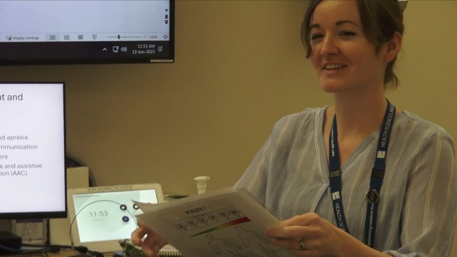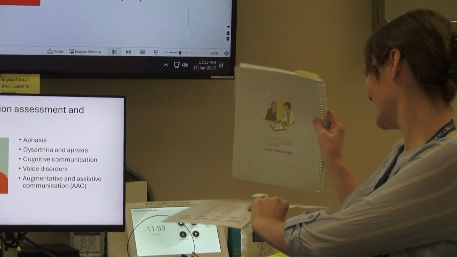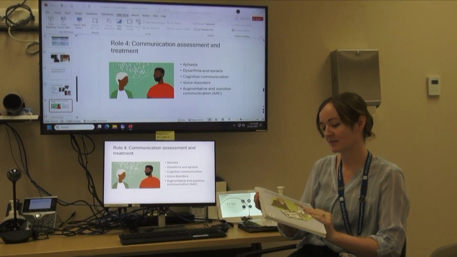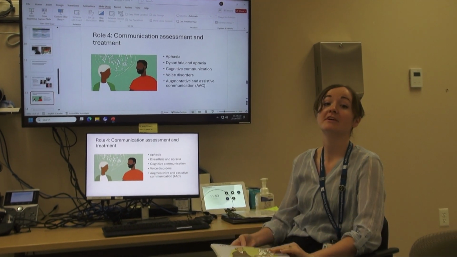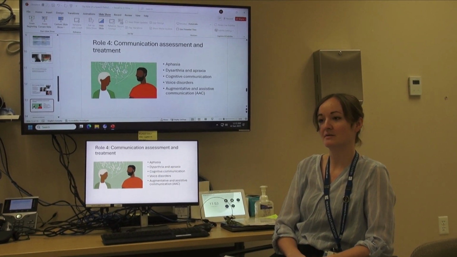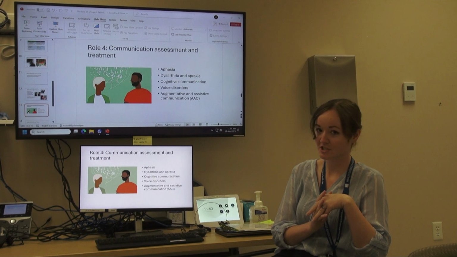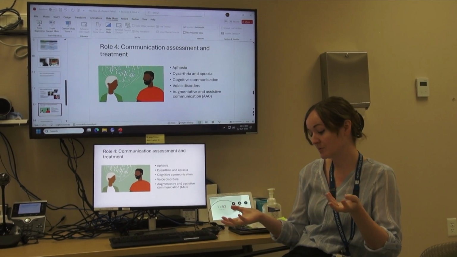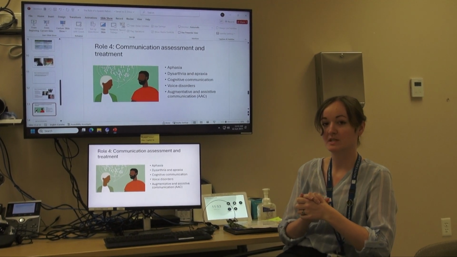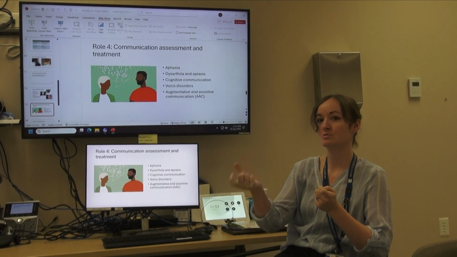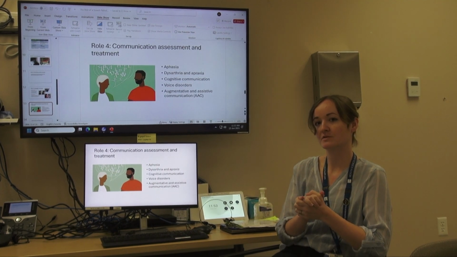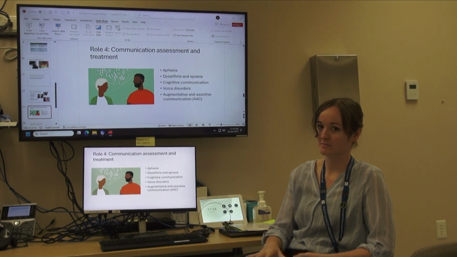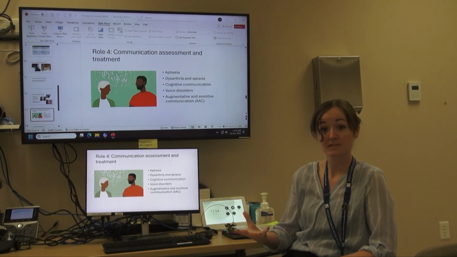I can send you the copies of these if you need them. These sorts of things can come in very handy when you're communicating with folks who have aphasia, or people who have dementia as well. Sometimes they need that little extra visual support in order to understand what you're saying, or to help them get their message across and be making those choices for themselves.